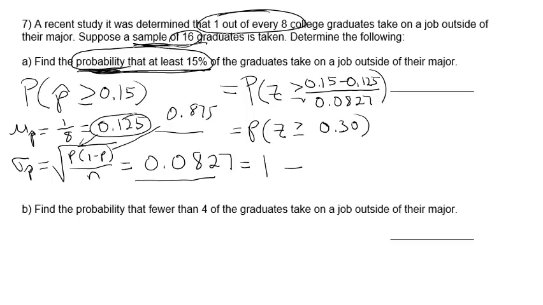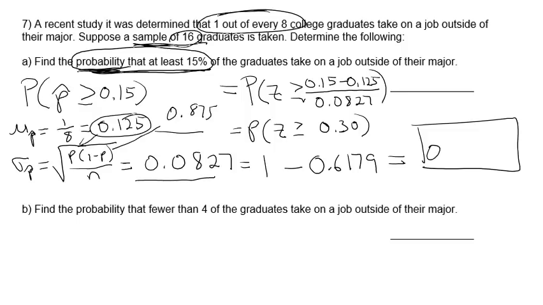I find 0.6179 in the table. Subtract from 1, you get your answer. And your answer is 0.3821. Moving on to part B here.